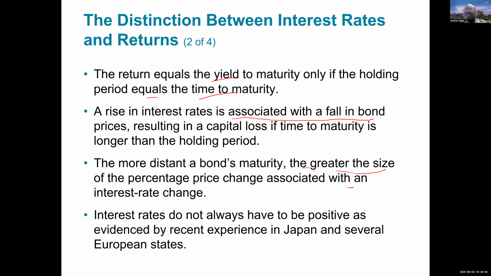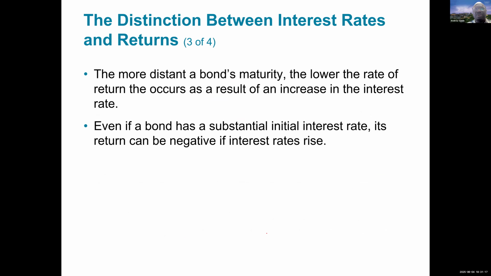In other words, the price of a longer term bond changes more with any given change in interest rate than the price of a what? A shorter term maturity bond would change. I'm going to show you a table here shortly. So interest rates do not always have to be positive, as evidenced by recent experience in Japan and other countries. And the more distant a bond matures, the lower is the rate of return that occurs as a result of an increase in interest rate.